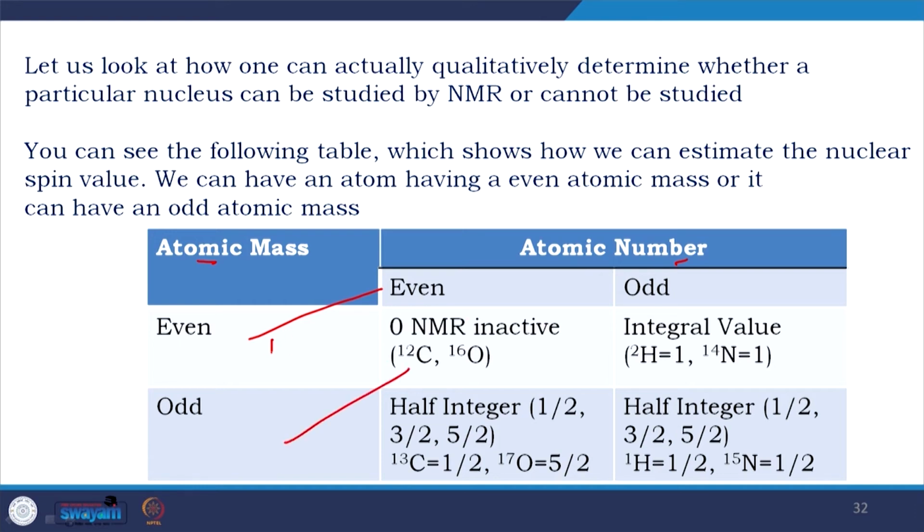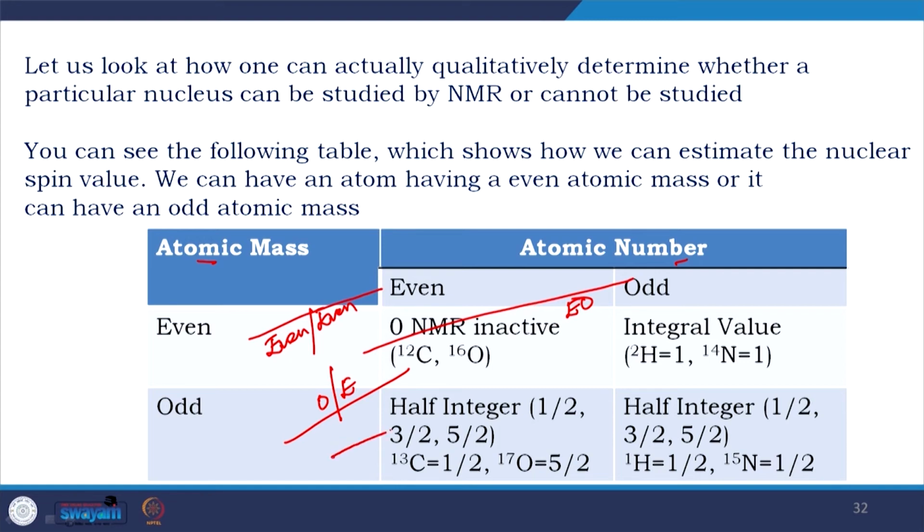Then OE, odd mass and even number, half integer spin: 1/2, 3/2, 5/2. 13C is 1/2, 17O is 5/2. Then we go for EO, even mass and odd number, integral values: 2H equals 1, 14N equals 1.